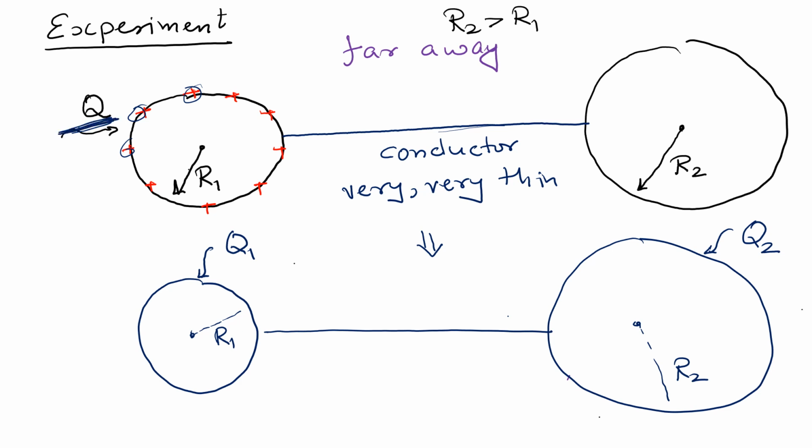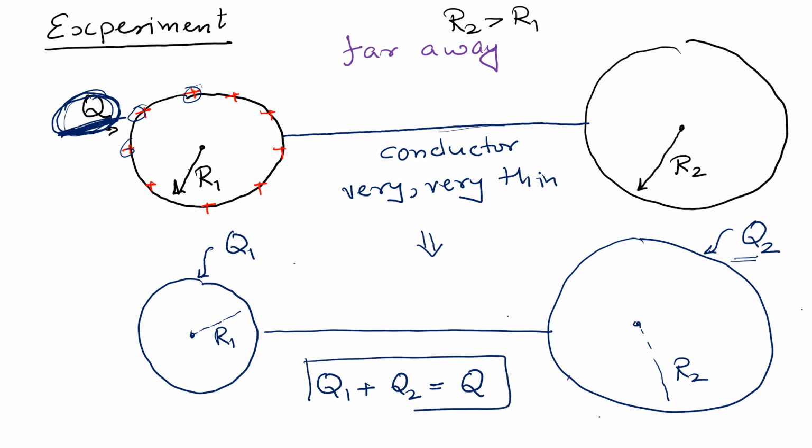The total charge still has to remain Q. It is basically this Q, part of this Q, which decided to come and sit on the other sphere. So the charge is still conserved. Q1 plus Q2 should still be equal to Q.